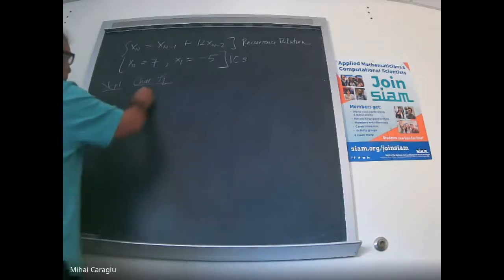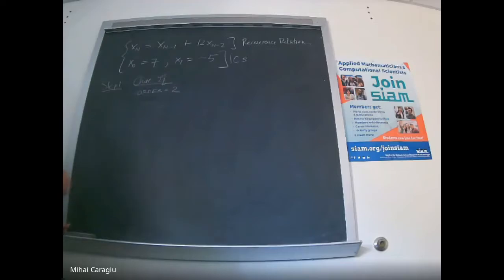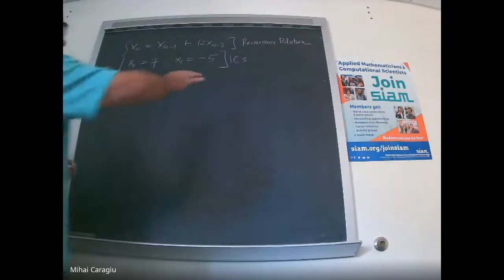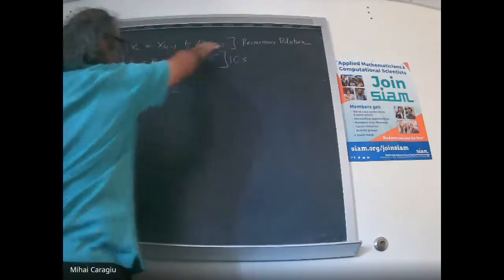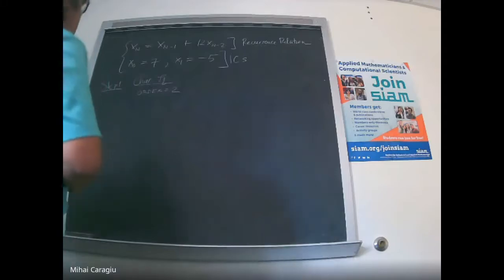So we have an order 2, that we discussed before. The order is how many terms prior to xn we need in order to calculate xn. So the past goes back up to xn minus 2. So 2 steps in the past. So the order of the sequence is 2.